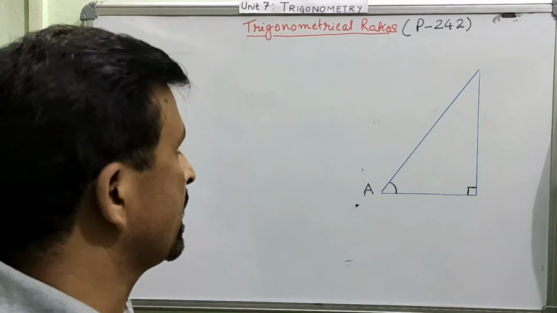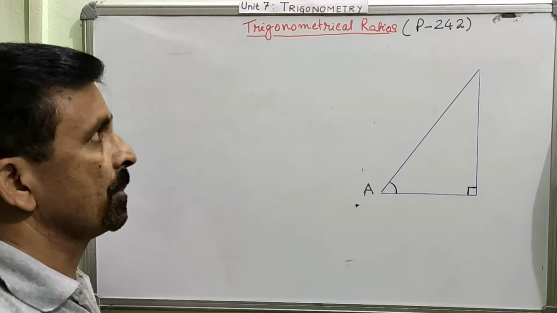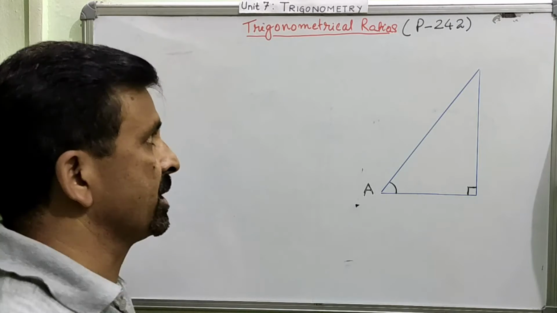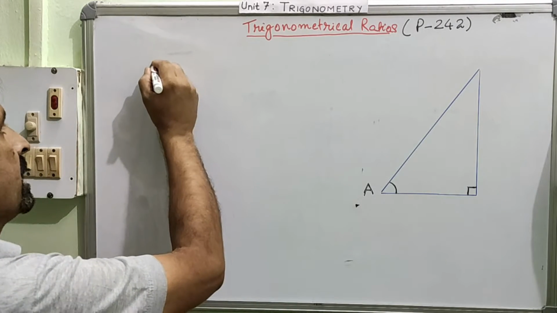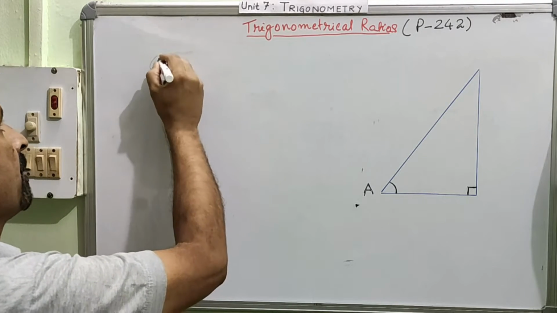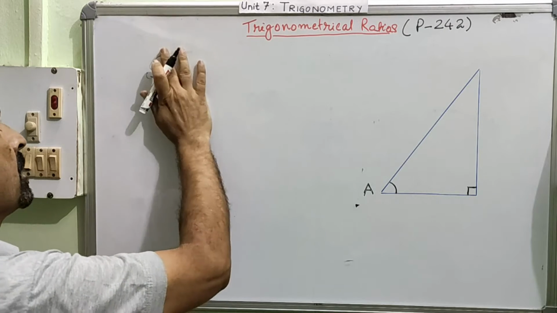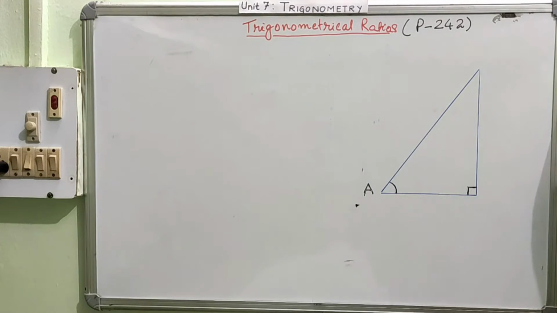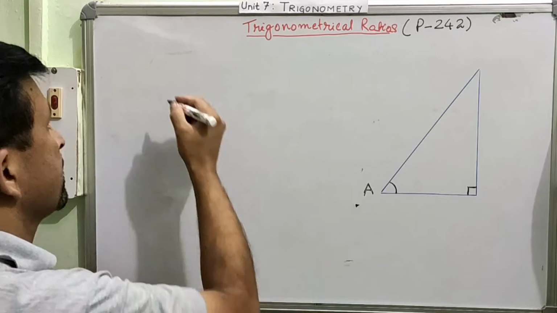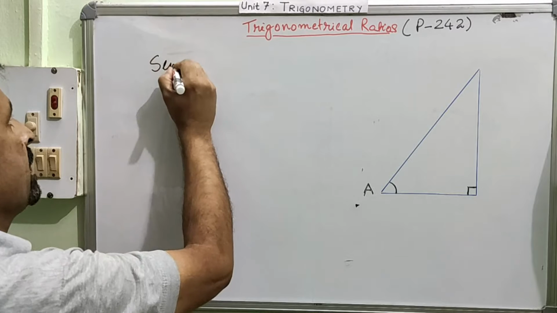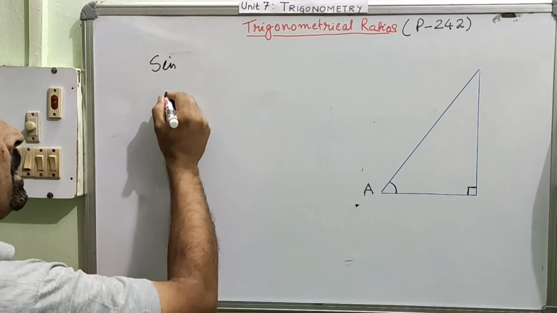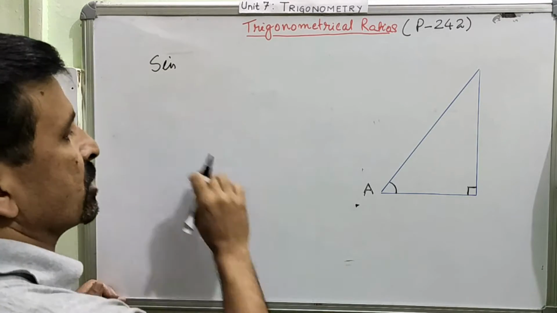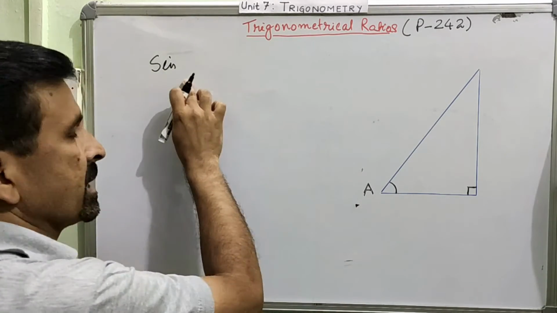So with this triangle we are now going to see the fundamental trigonometrical ratios. There are three fundamental trigonometrical ratios, right? The one is sine, and this term always has to be with one angle, otherwise it is meaningless.